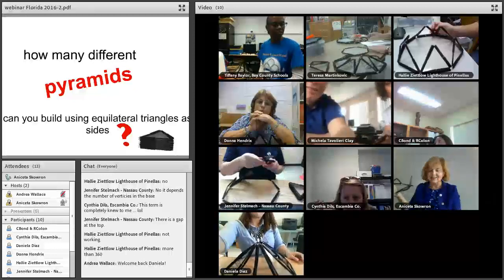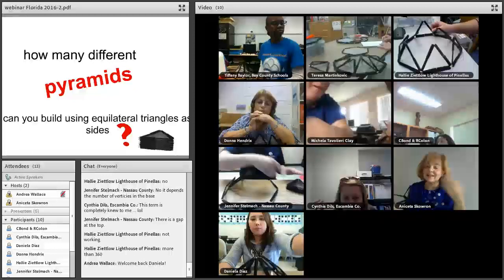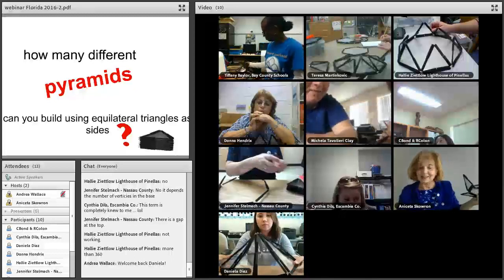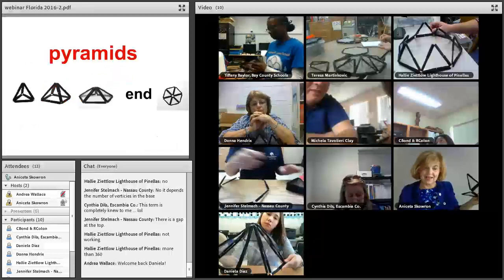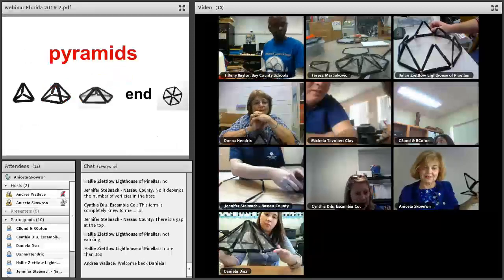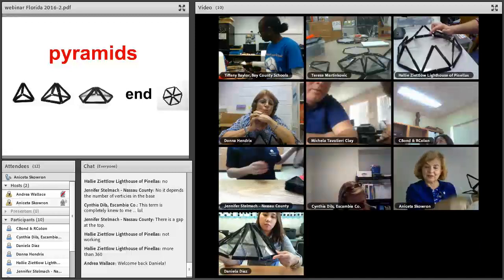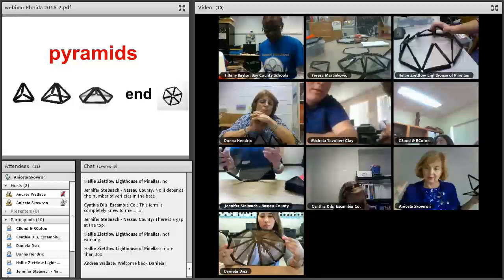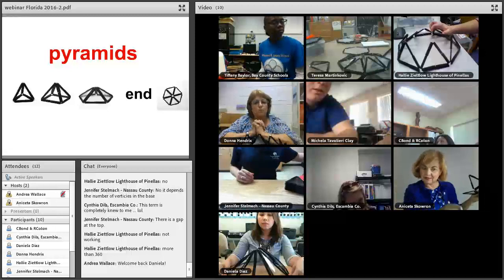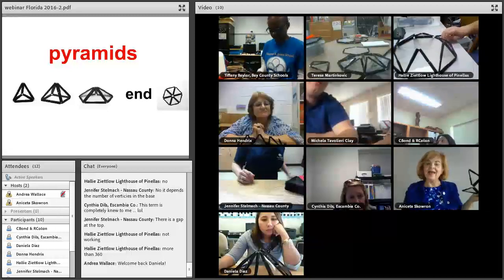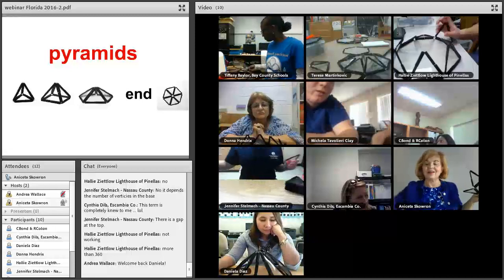So you can see that for pyramids, there is a limit. There is a condition that limits the number of pyramids. Here, I put a little summary of this for you. With pyramids, you can build a triangular pyramid using equilateral triangles, you can build a square, you can build a pentagon, and then with a hexagon, it's flat.